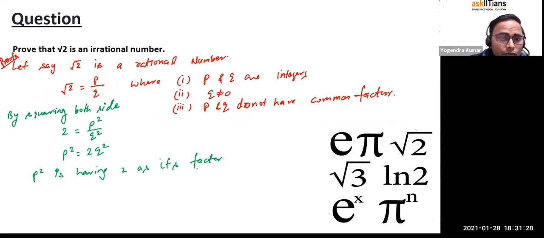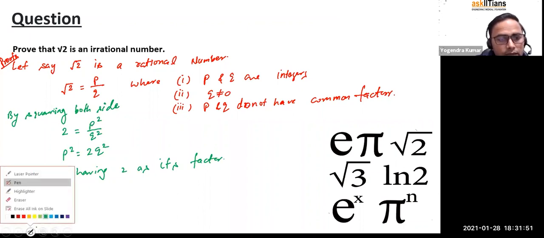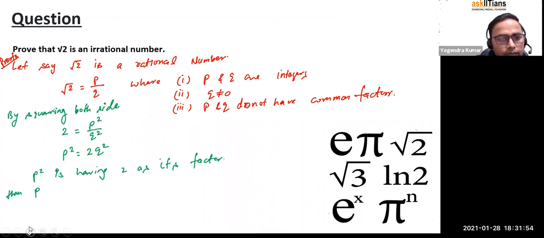If p square is having 2 as its factor, then for sure p must have 2 as its factor, right? This is for sure.